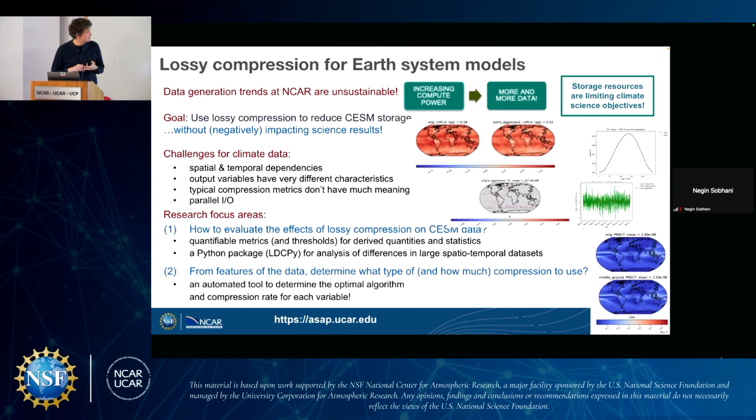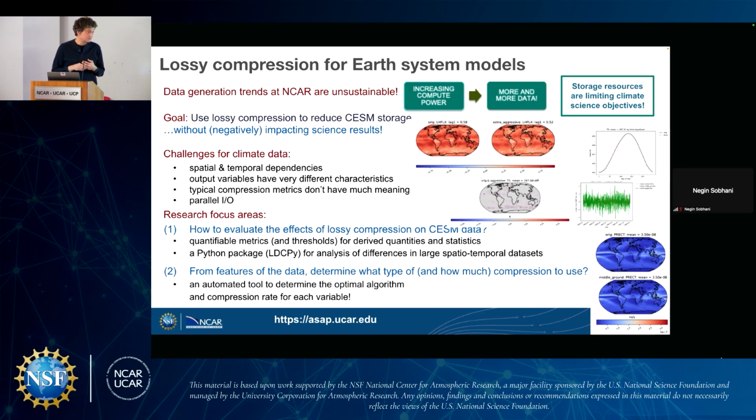One of the other things that we do a lot of work with is lossy compression for Earth system models, and the data generation trends at NCAR are really unsustainable. You can use lossy compression to reduce storage for both CESM as well as other models, and this is done through looking at the statistics of ensembles.